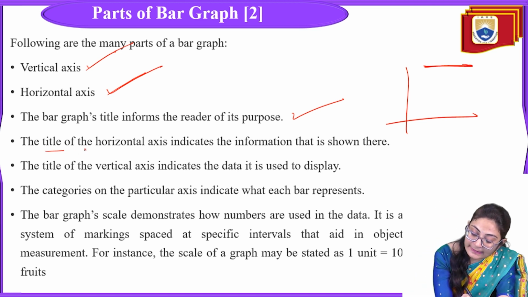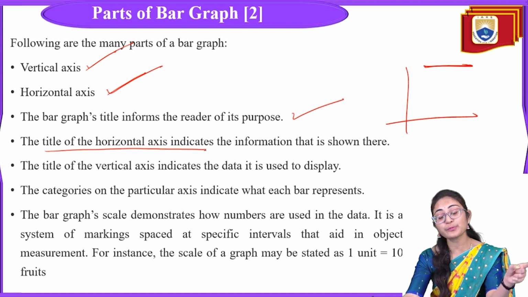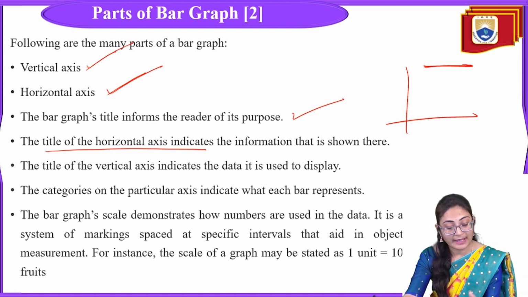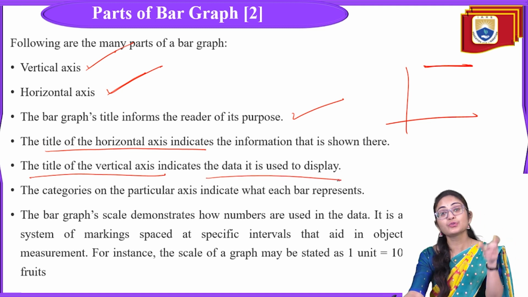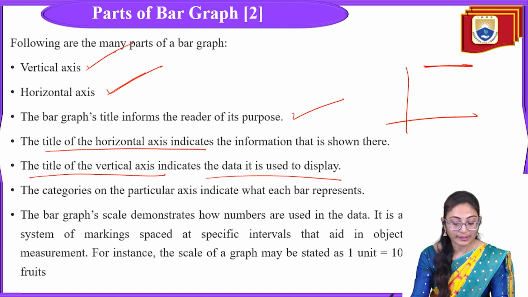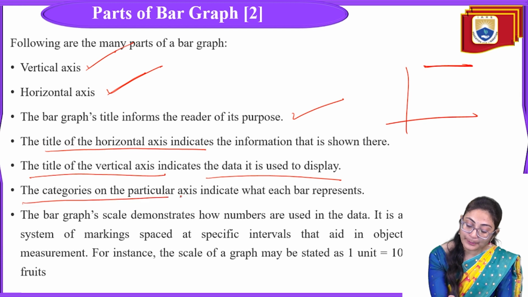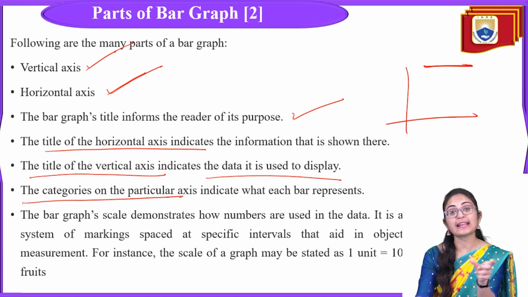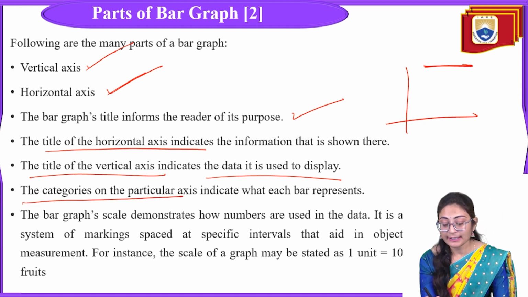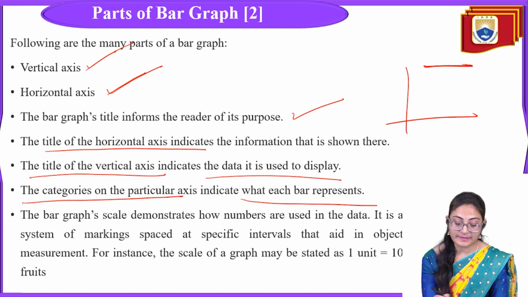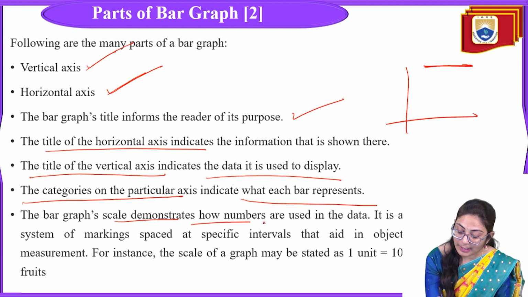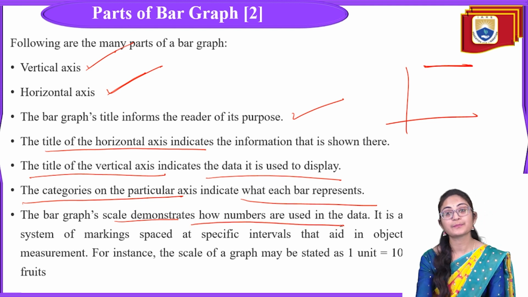The title of the horizontal axis indicates the information that is shown there. Then the title of the vertical axis indicates the data it is used to display. The categories on the particular axis indicate what each bar represents. The bar graph scale demonstrates how numbers are used in the data.